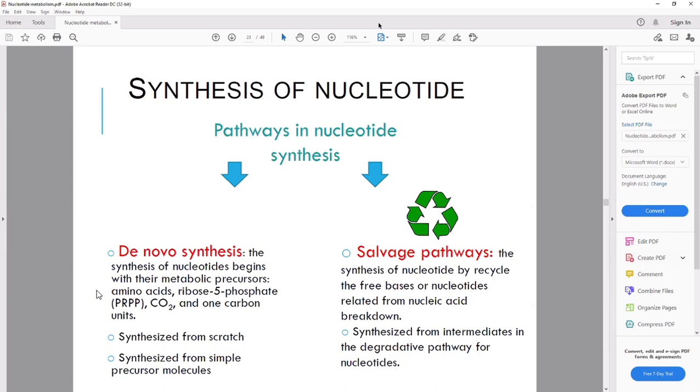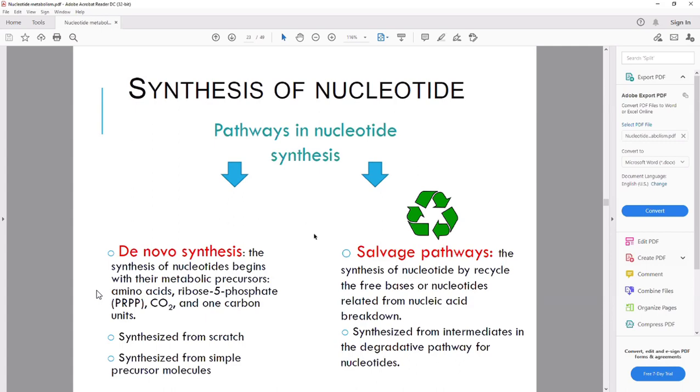As we saw earlier with Lesch-Nyhan, when we have a high concentration of uric acid, one of the enzymes very important in the salvage pathway is HGPRT, hypoxanthine-guanine phosphoribosyltransferase. So it can probably happen at the same time. I don't really know, but you need to know the importance of the salvage pathway.